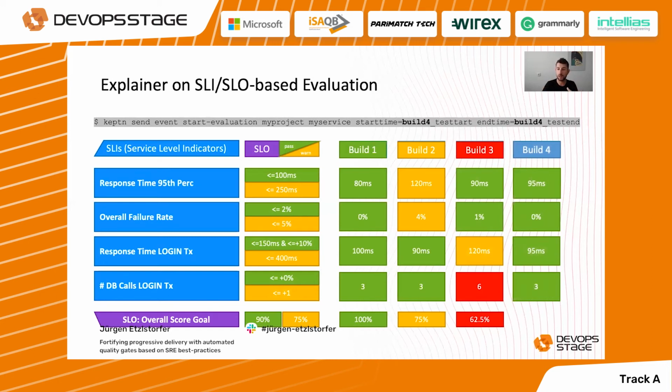So it's just a little bit of an explanation of how those different SLIs and SLOs work together, and how you also get the trend over time, since you're evaluating each build. Captain has its own dashboards where you can see very nicely how builds and deployments are developing over time.